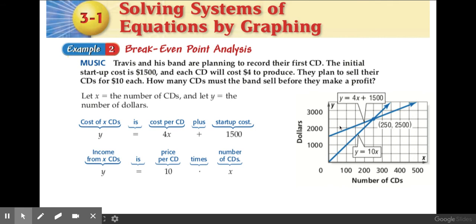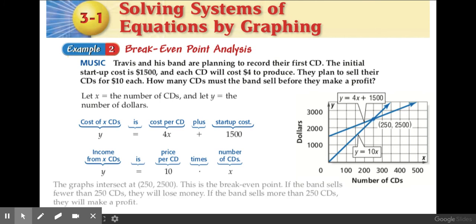So down here, if they made 100 CDs and sold 100 CDs, their cost would be more than their income. Where over here, you can see that they are both even. This is what would be their break-even point, right? Where they intersect.